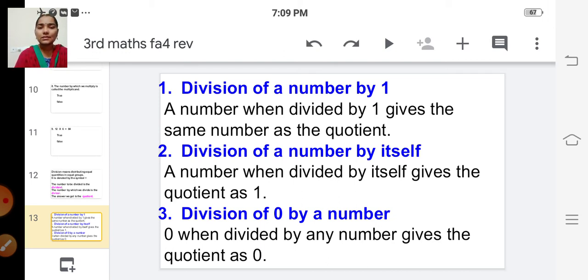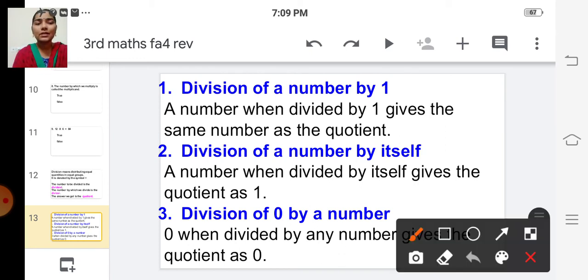Now let's revise the properties of division. First one, division of a number by 1. A number when divided by 1 gives the same number as the quotient.